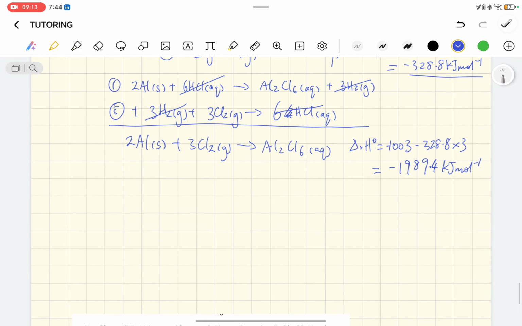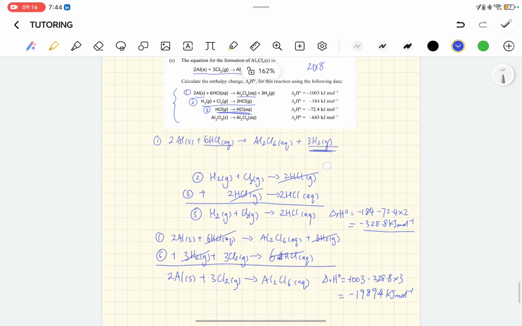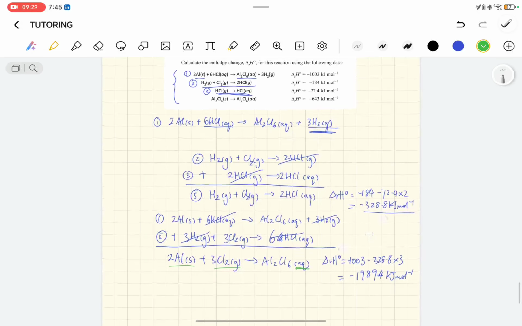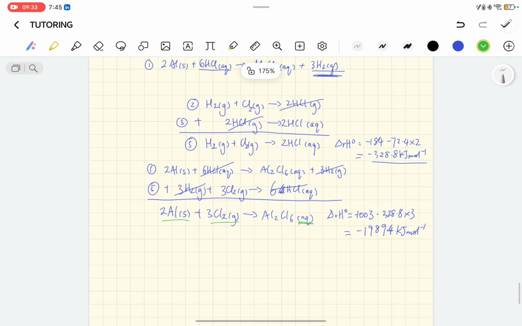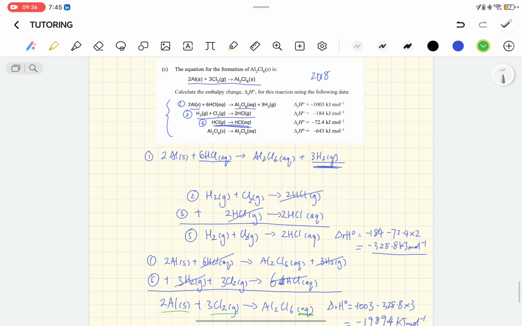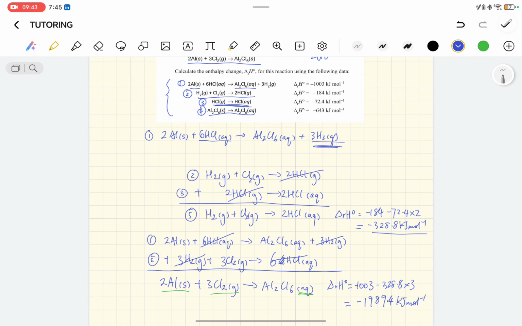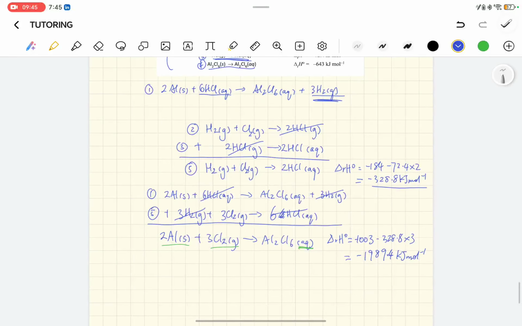Right. Now let's check what do we like and what don't we like. We like this 2Al solid. We like this 3Cl2 gas. We don't like this aqueous. So we're gonna turn this Al2Cl6 into a solid. How do we do that? We will use the fourth and final reaction. But look, this reaction goes from Al2Cl6 solid to aqueous, but we want it the other way around, from aqueous to solid.